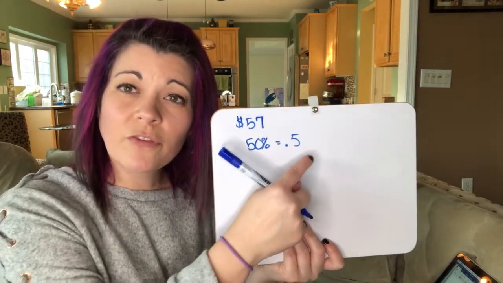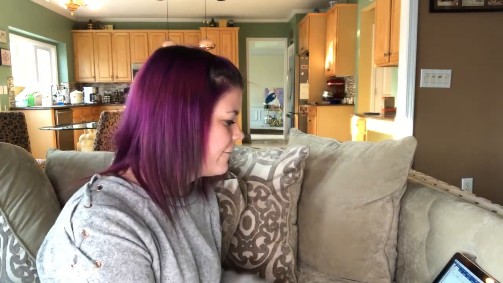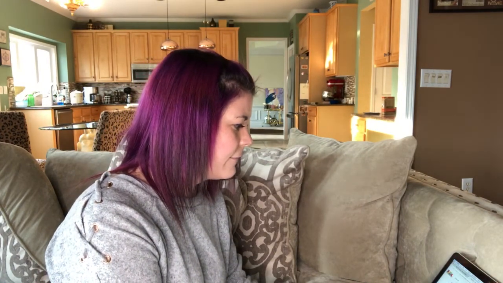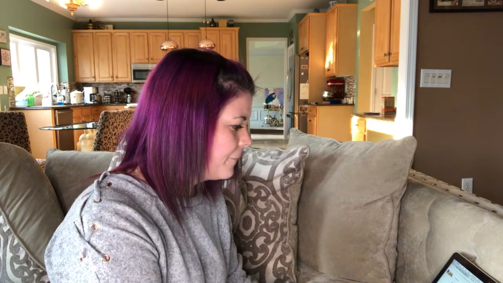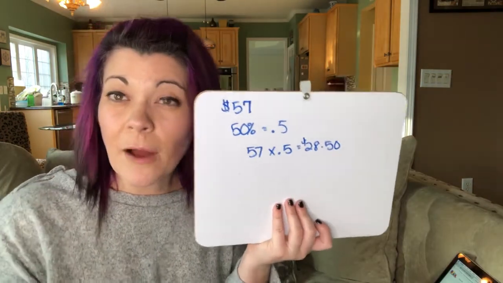And then we're going to multiply this by the original price, 57. So we say 57 times 0.5. When we do that, we get $28.50. So $28.50 is the profit they're going to make.